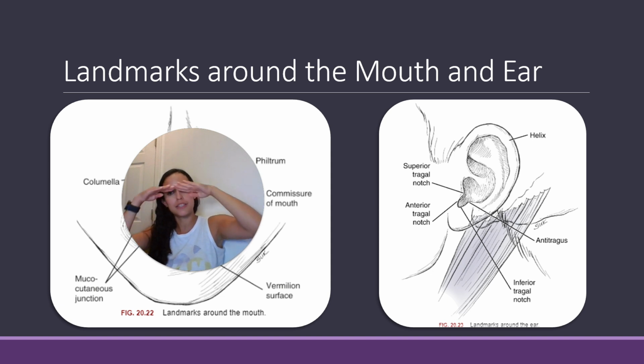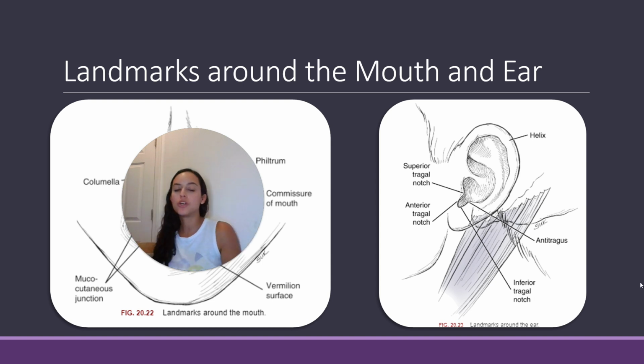If it's like this and your laser is going like this, then you know that the patient's head is actually tilted in a direction that's not good for you. It's not going to be a good mask. So canthus you use a lot, tragus you use a lot, vermilion border you use a lot. These are all terms that might be new or they might not be new to you, but you're going to see them a lot more in radiation therapy.